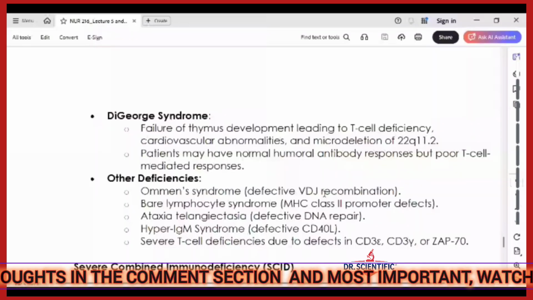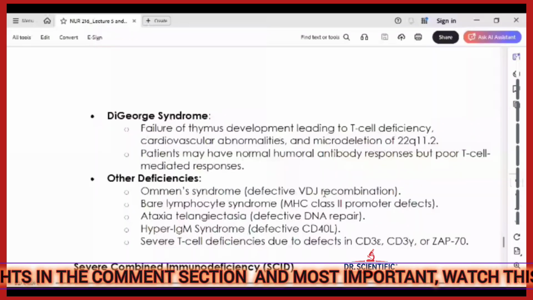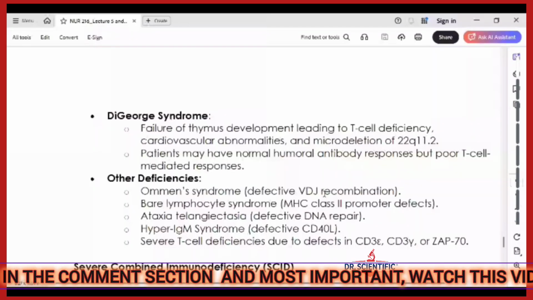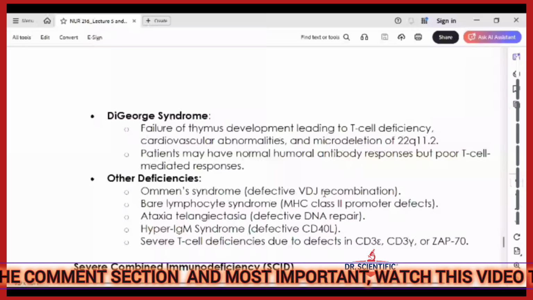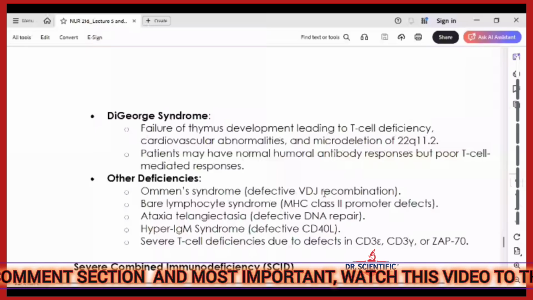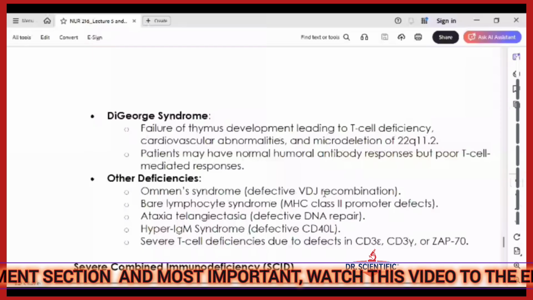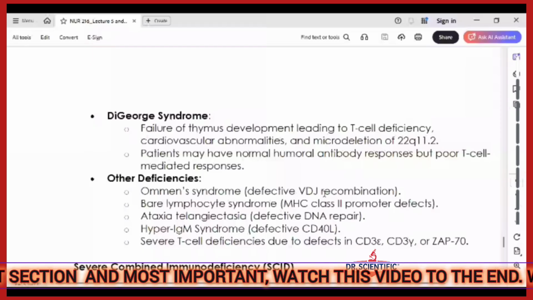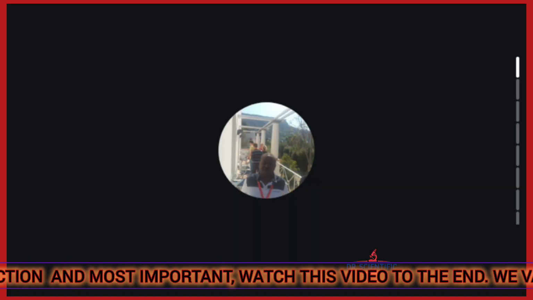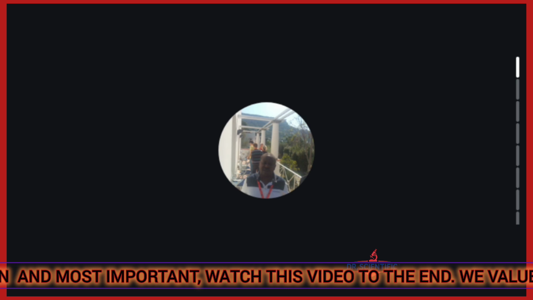So we have what we call the VDJ regions of those genes that then undergo class switching. This recombination in the VDJ is what leads to the mutations that ultimately lead to switching. So individuals with Omenn syndrome have defects in that particular recombination, which means class switching is impossible for them.